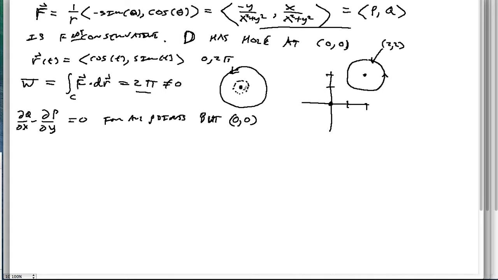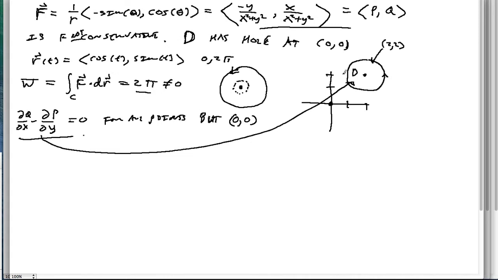Provided that we were away from the origin, we had this nice result where the partials of Q with respect to X and P with respect to Y were equal. All right, so now on this set here, this is going to be a true statement, right?